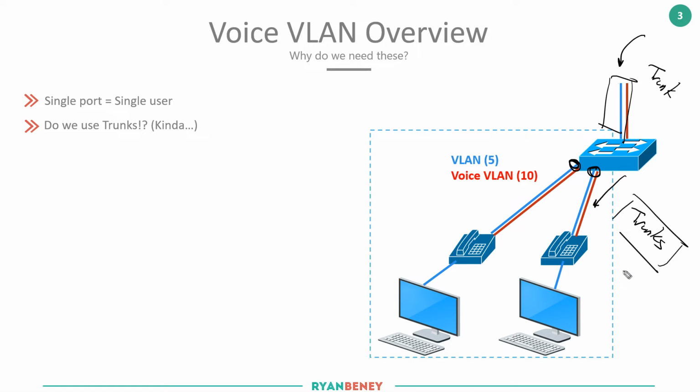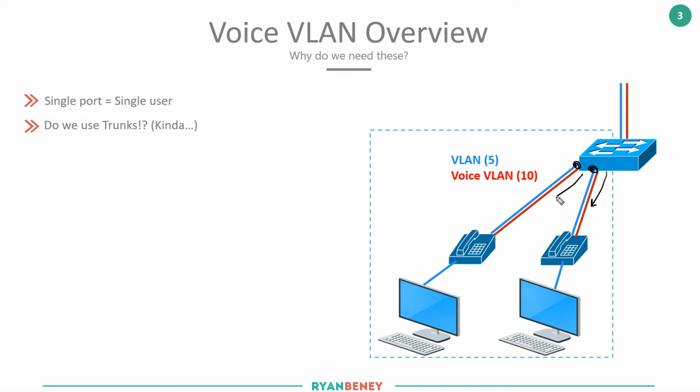But we know the best practice down to clients should be access, because we want traffic to be untagged and only a single VLAN down to the actual client. Well, in this case, we go against that grain because there are two devices on the end of this switch port, which is of course the phone and the PC.